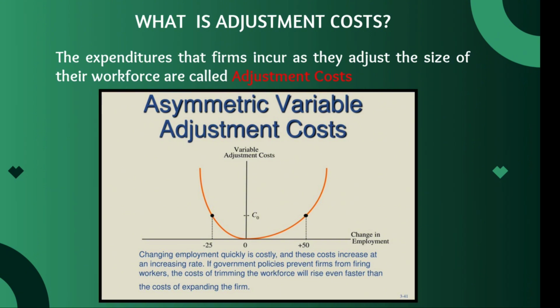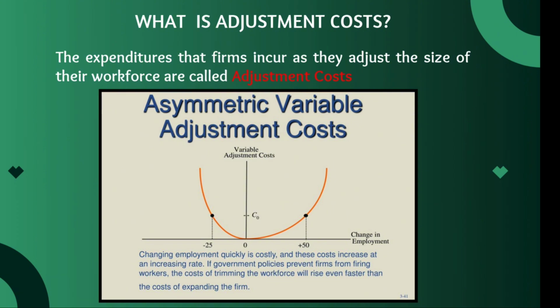Similarly, the cost associated with handing out the 25th pink slip is lower than the cost associated with handing out the 50th pink slip. By the way, pink slip refers to the layoff notification. It is a document or notice that informs an employee they are being terminated from their job due to downsizing or restructuring.